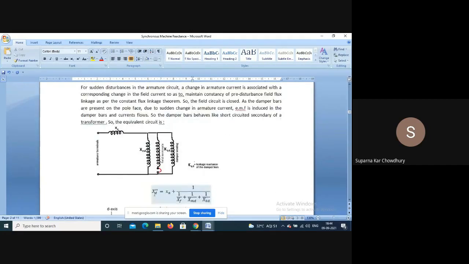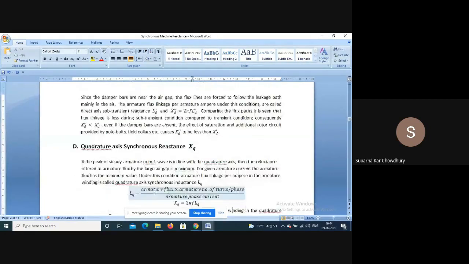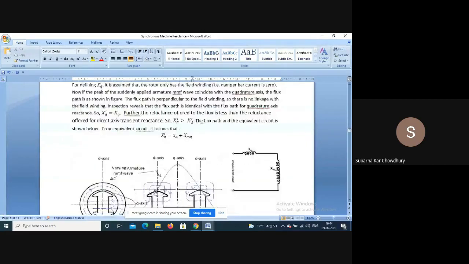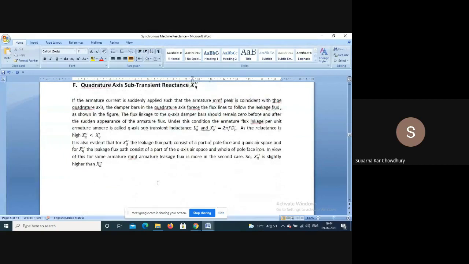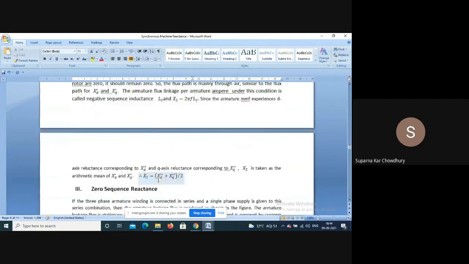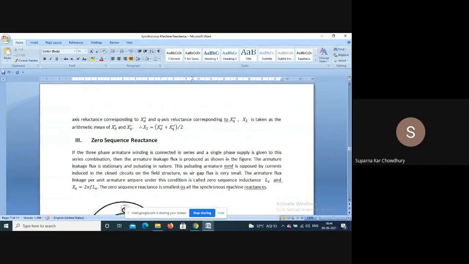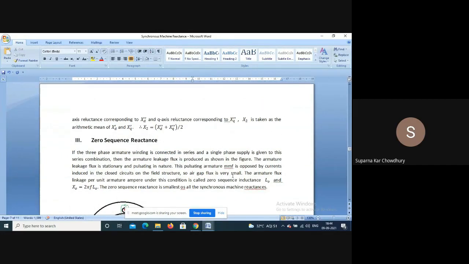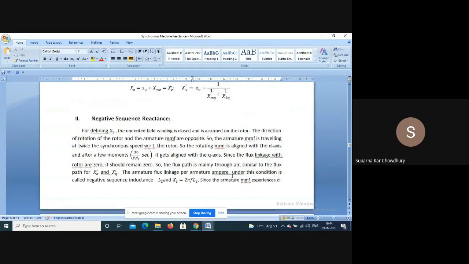So X2 is considered as the average of Xq double dashed and Xd double dashed. That is, X2 is equal to Xd double dashed plus Xq double dashed, divided by 2.